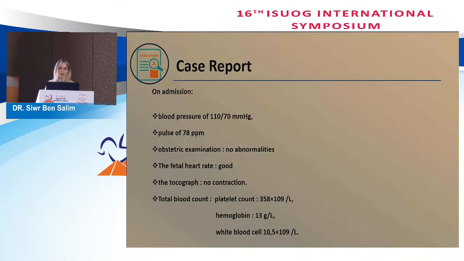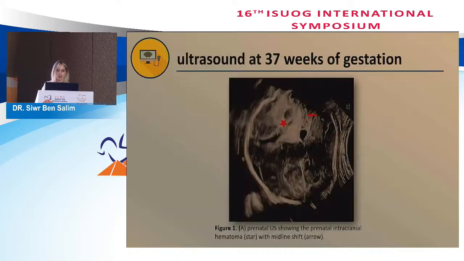The clinical examination did not reveal any particular findings, neither for the mother nor for the baby. We repeated the ultrasonography at 37 weeks of gestation, which revealed an echoic process, a hematoma in the frontoparietal region of the left cerebral hemisphere.